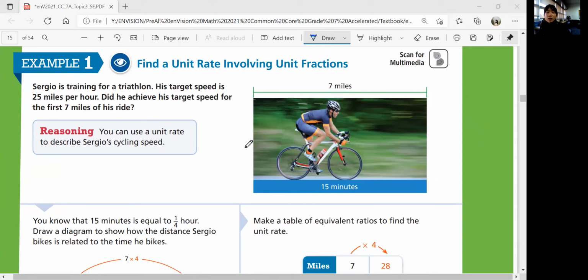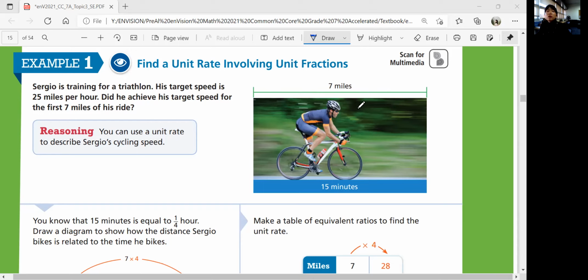A triathlon involves 3 different types of sports, but right now we're going to look at biking, his biking skills, okay? He can bike 7 miles in 15 minutes. That is his rate, his speed.